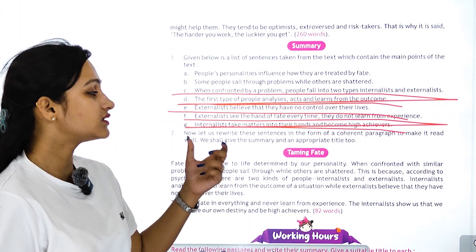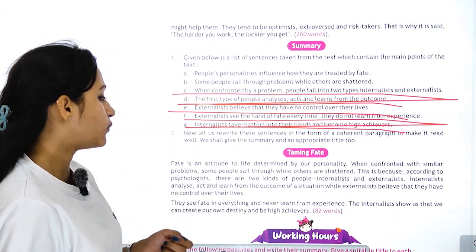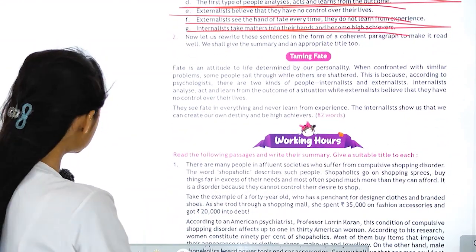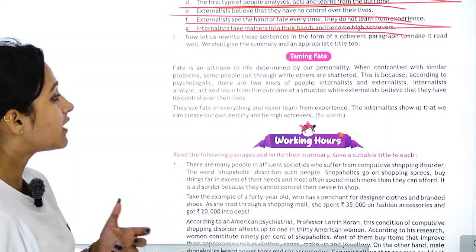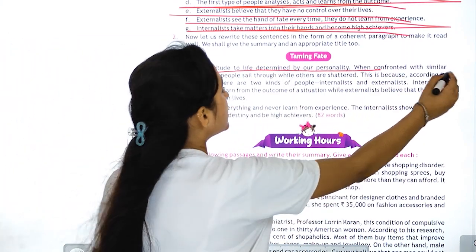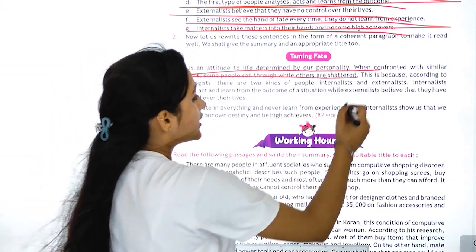Now let us write these sentences in the form of a coherent paragraph to make it read well. We shall give the summary an appropriate title too. हमने क्या दिया? Taming fate. So fate is our attitude to life determined by our personality. When confronted with similar problems, some people sail through while others are shattered.